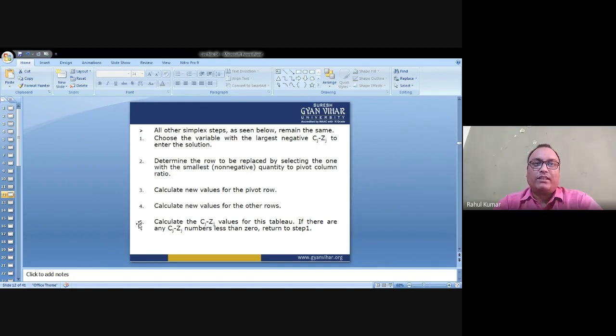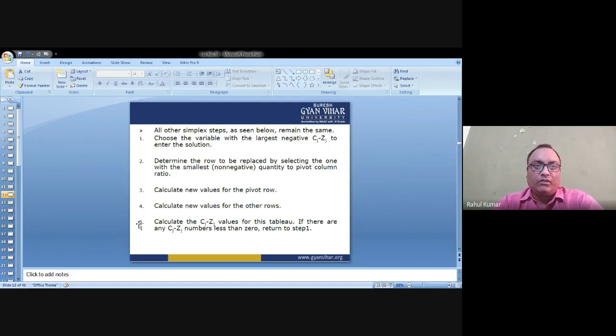And determine the row to be replaced by selecting the one with the smallest non-negative quantity to pivot column ratio, and calculate new values for the pivot row.